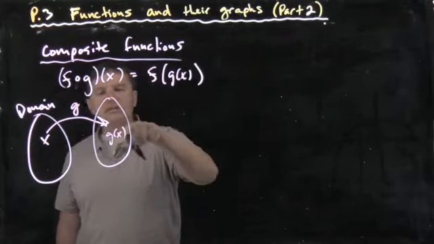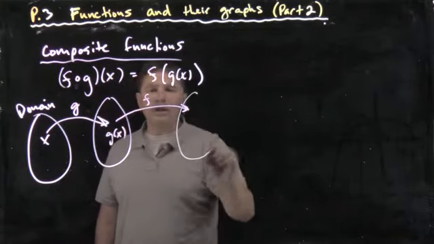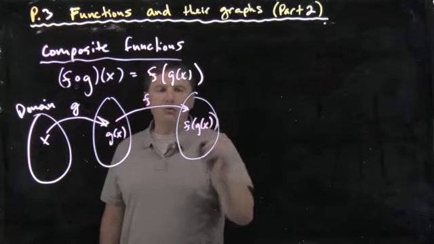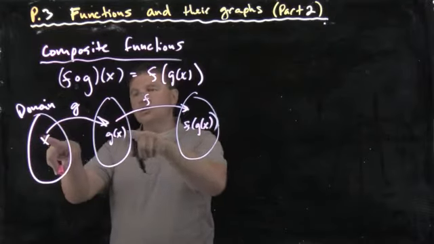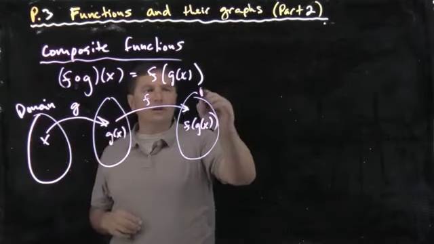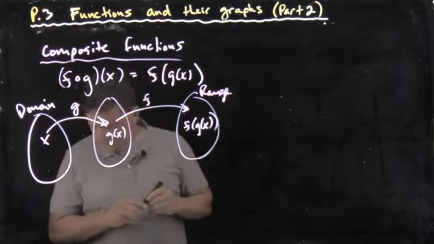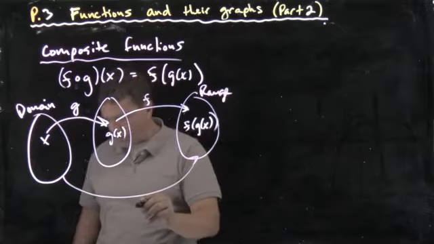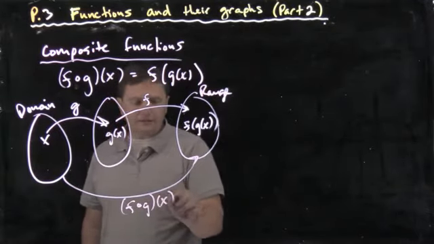All right, now we're taking those g of x values and plugging into f, and what we end up getting is f of g of x in our range. Okay, so this composite function has a domain over here at x and a range here at f of g of x. Okay, so this whole thing from there to there would be our f circle g of x.